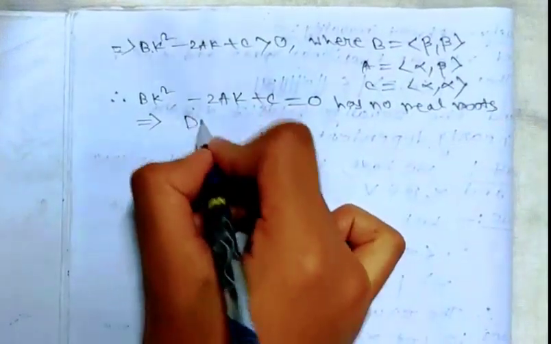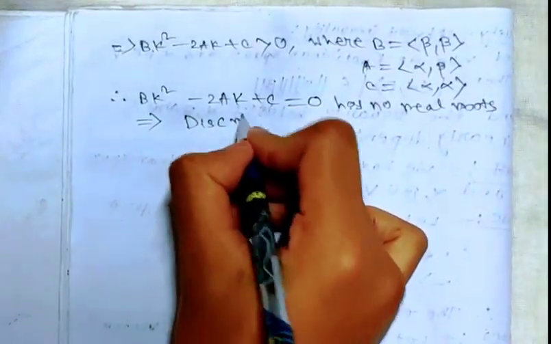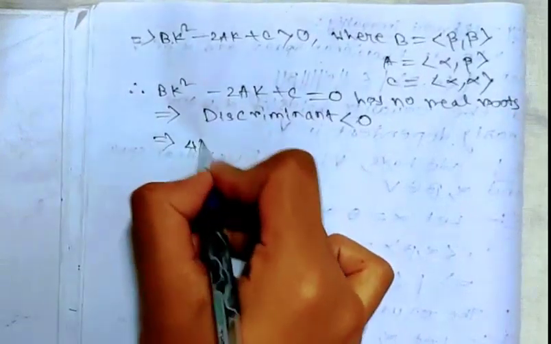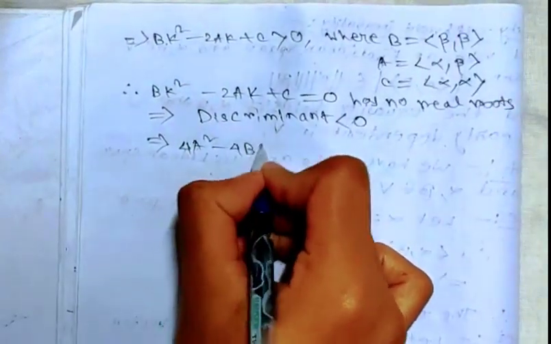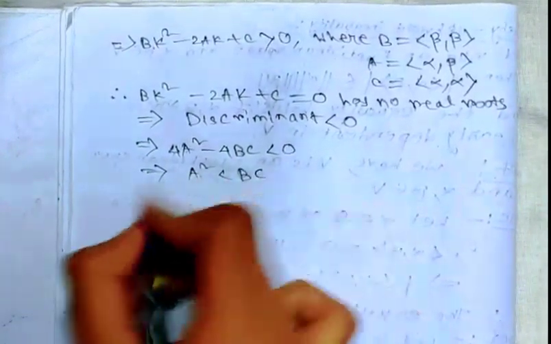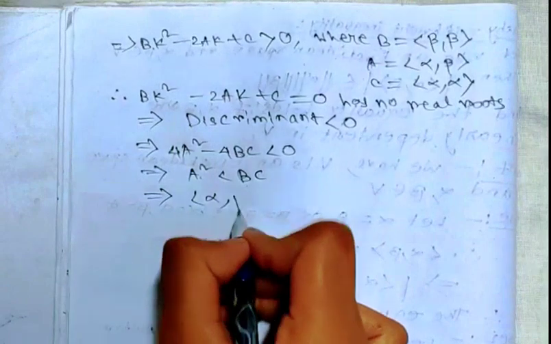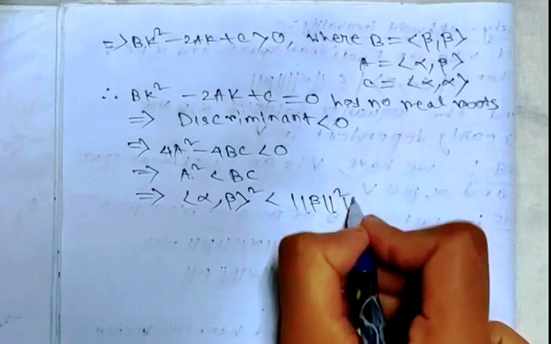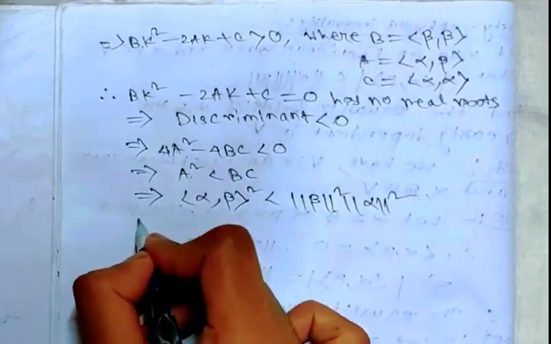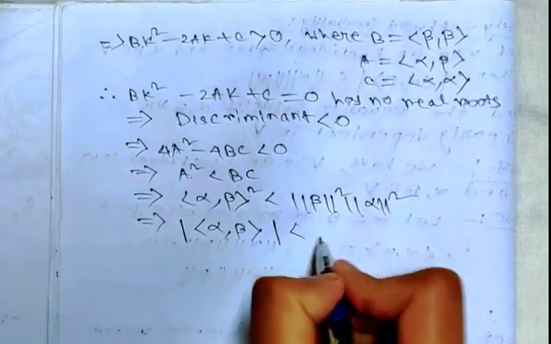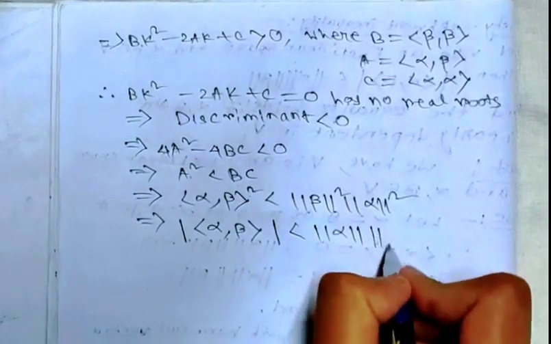That implies the discriminant is less than 0. That implies 4a square minus 4bc less than 0. This implies a square less than bc. This implies the inner product of alpha, beta square is less than norm beta square into norm alpha square. This implies the modulus of the inner product of alpha, beta is less than norm alpha into norm beta.